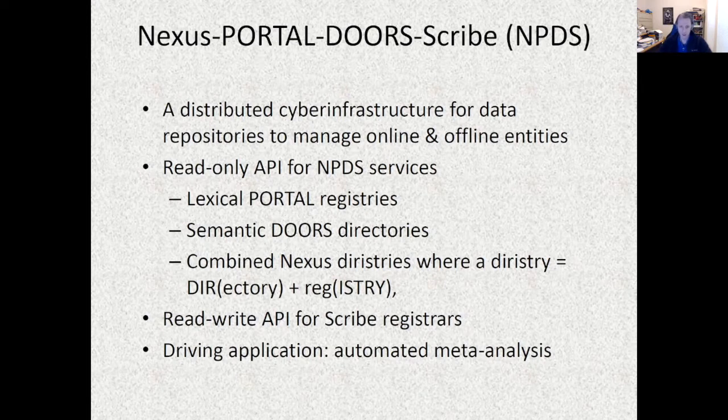And then we have separated out the read-write API into the scribe registrars. As one of our driving or motivating goals, we'd like to be able to perform automated meta-analysis. So I'll try to now go into more of the details of this history and review.